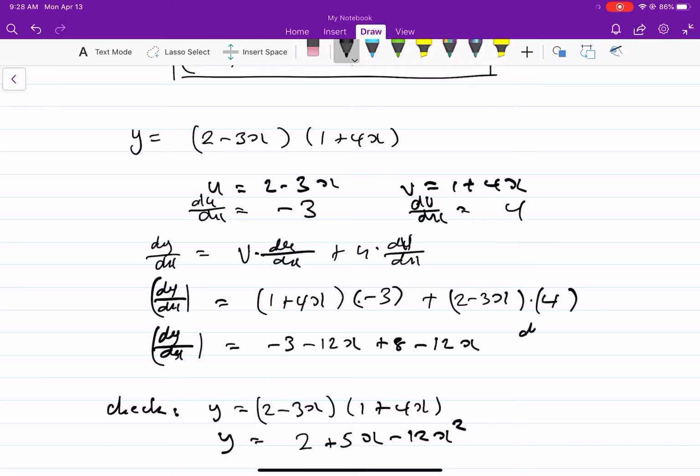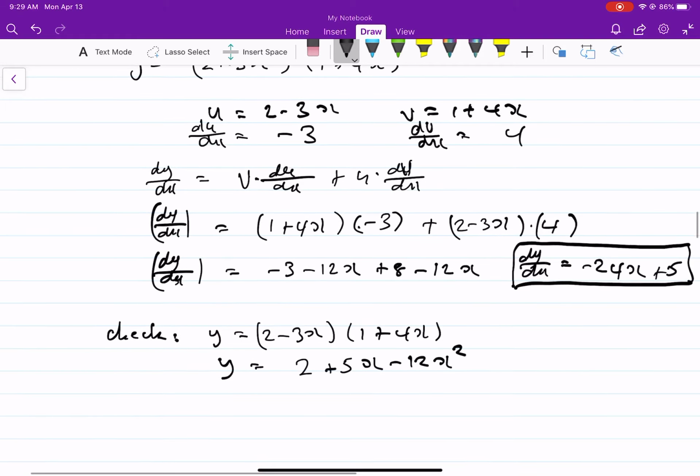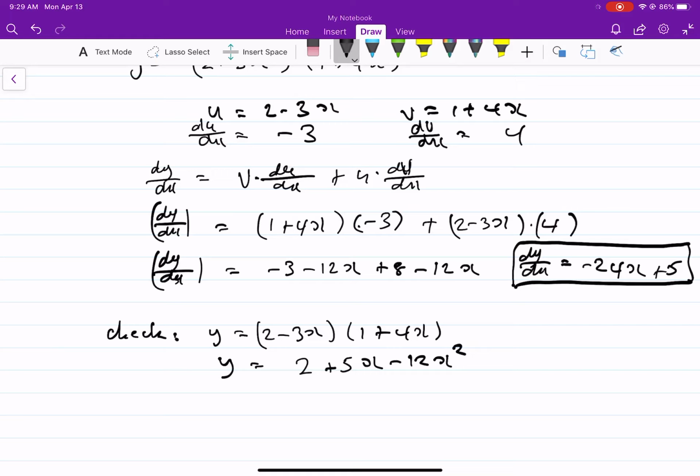Finally, tidy that up and you get dy dx is equal to minus 12 and minus 12 is minus 24x, and 8 minus 3 is plus 5. I kind of knew I wasn't going to get the same result when I got to this expansion here. All right, so now I know that's for sure the correct answer. Let's go back to the second method, which we're using as a check.